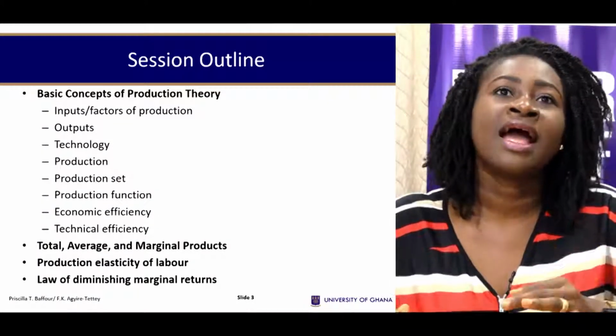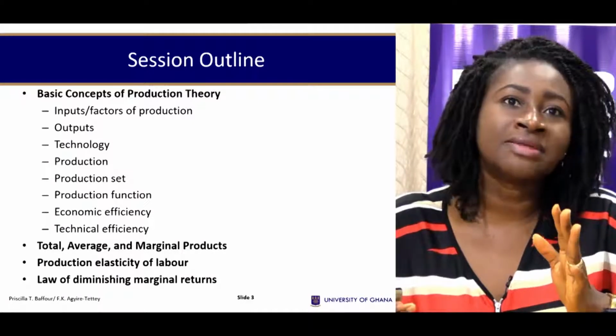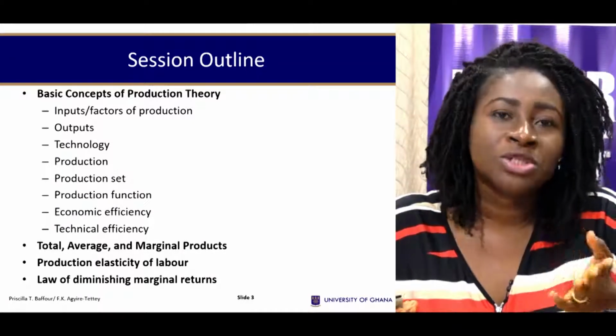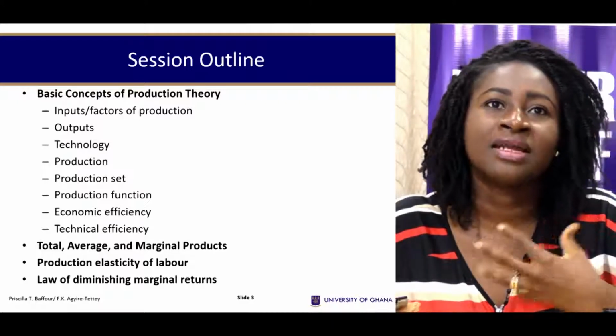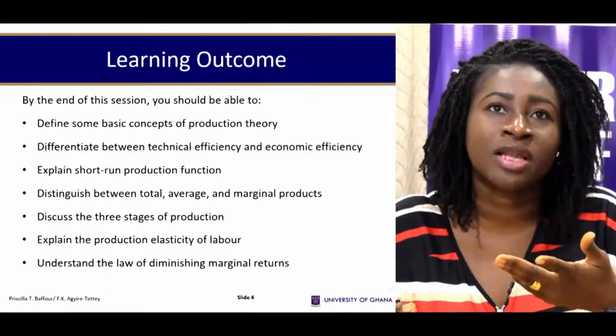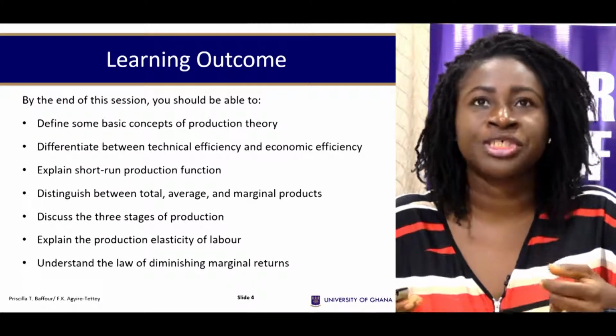The outline, I have listed them down here. I'll not belabor the point to go through all of them, but once you have the slides, we are looking at production in totality as to definition of key concepts and all that pertains to production.